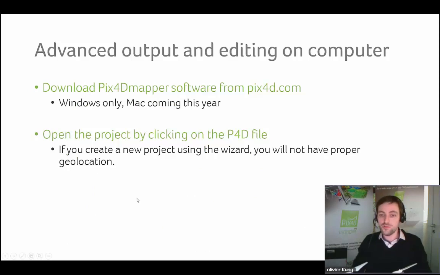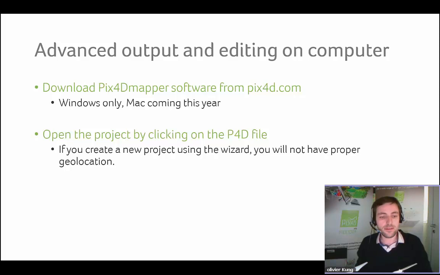Once you've copied this file on your computer, you need, of course, a copy of the Pix4Dmapper software that you can download. There's a version that you can download for free at Pix4D.com. It's Windows only, but I can already tell you that we have a Mac version coming up this year, so very soon also for Mac.